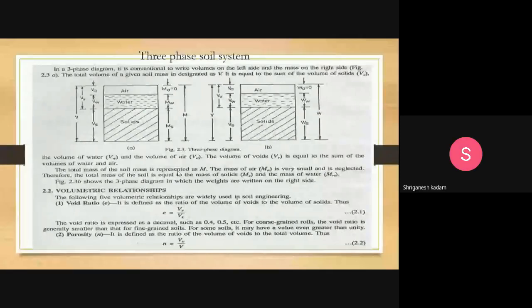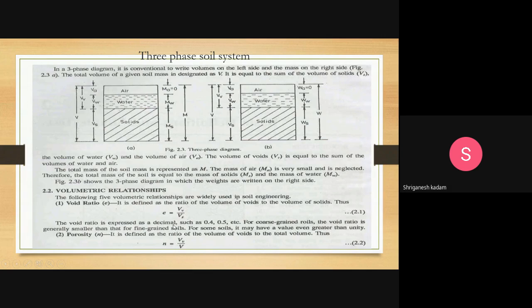So volume of void means it is volume of air plus volume of water. Now, what will be its unit? It has no unit, it is just a ratio of volumes, volume of voids divided by volume of soil solid.